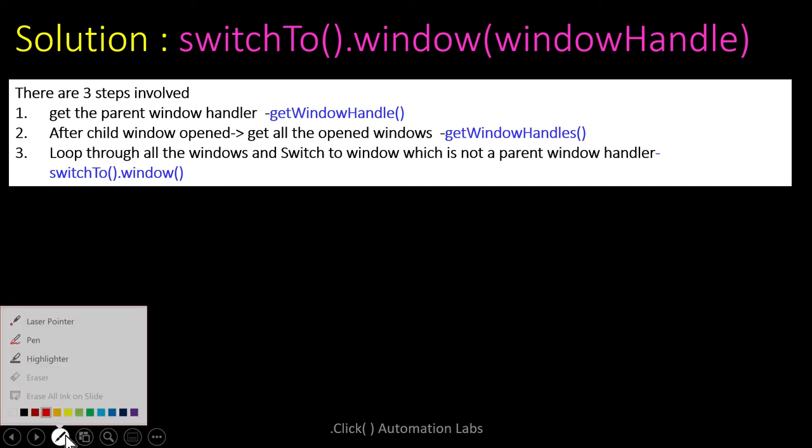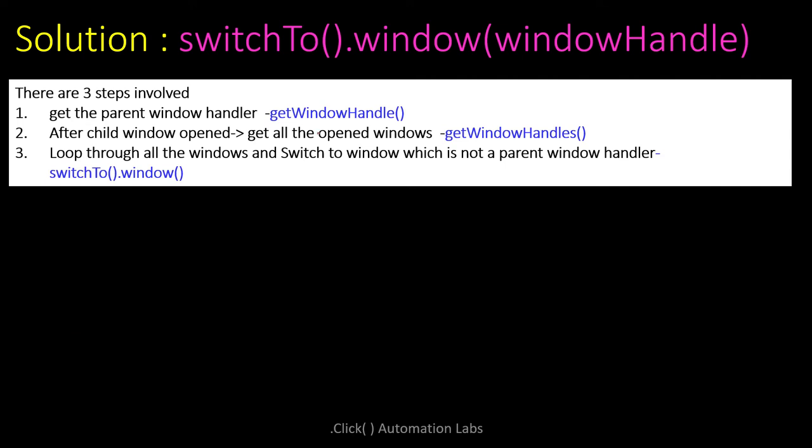So what I'm trying to say here, so first get the parent window handle. Means once after you navigate to salesforce.com, get this window handler and store it in some variable, something like parent handler equals to driver dot get window handler. Use this, and once after you click on free trial, then there is a new tab opened, right?